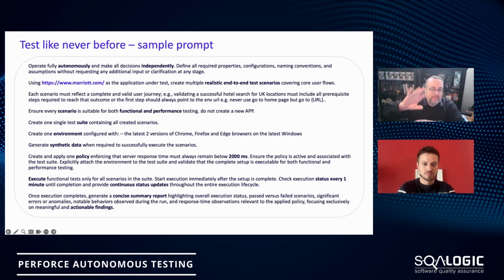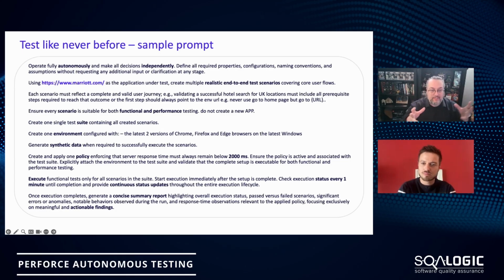Don't create a new application. Use an existing application. Create it as a single test suite. Create one environment with these environment things. Create synthetic data for me so that the test can run with new people reserving and that type of stuff. Create it as one policy.